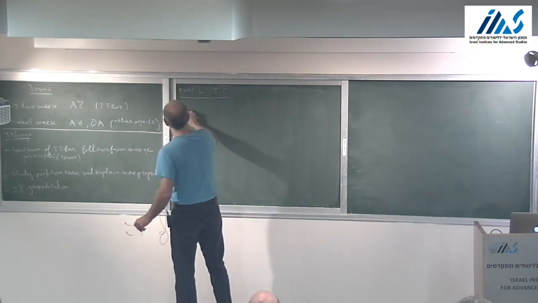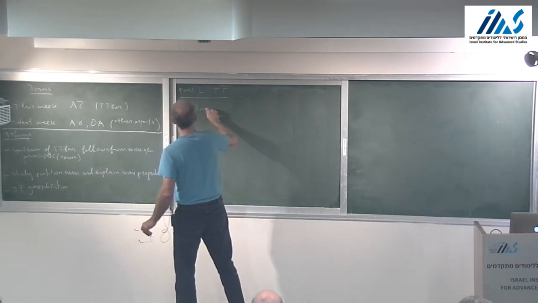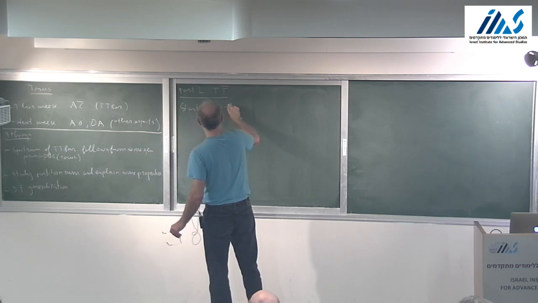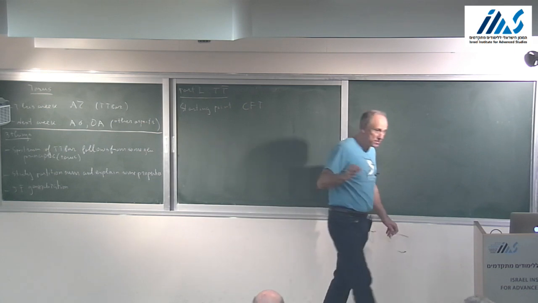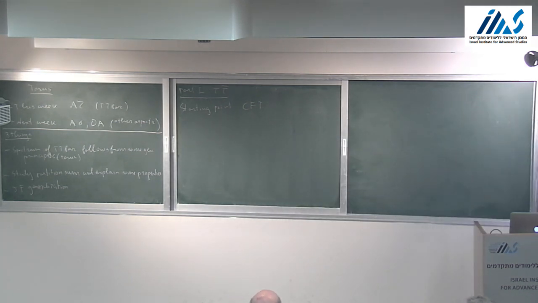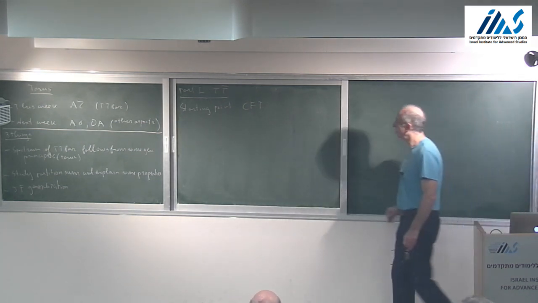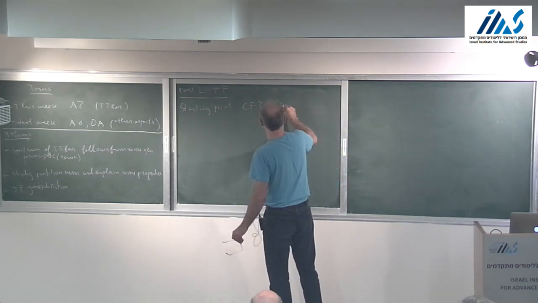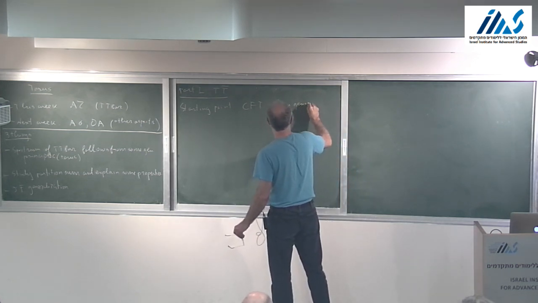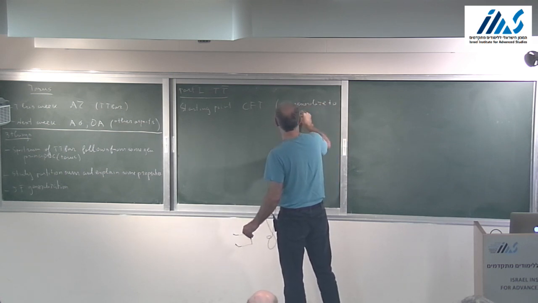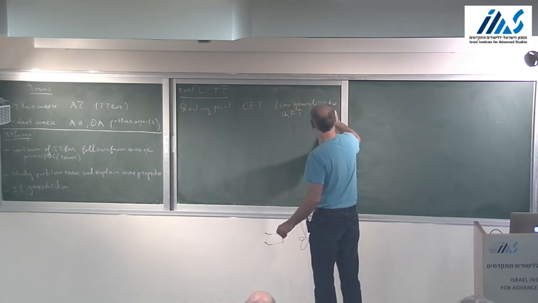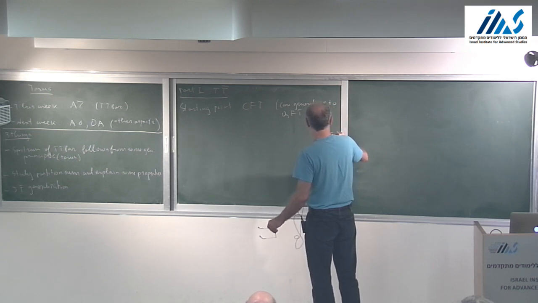All right, so the starting point of the story is going to be some CFT. And I should say that everything I'm going to say is generalizable to the case where I replace this CFT with an arbitrary QFT, by which, of course, I mean, by definition, a UV fixed point and an IR fixed point connected by an RG flow.